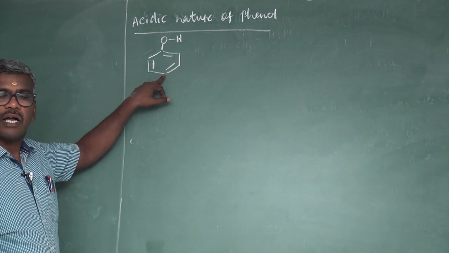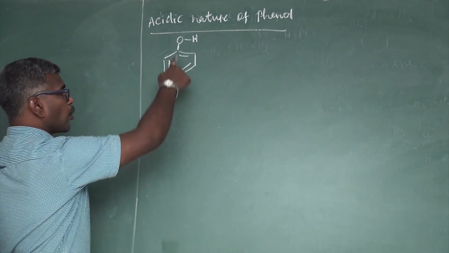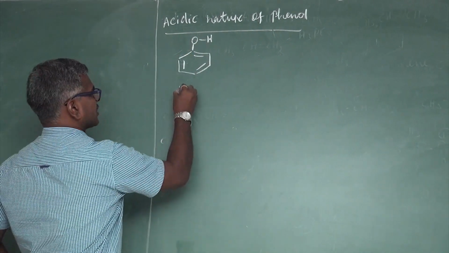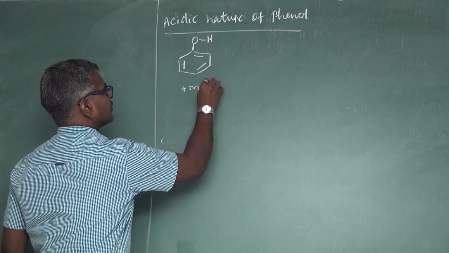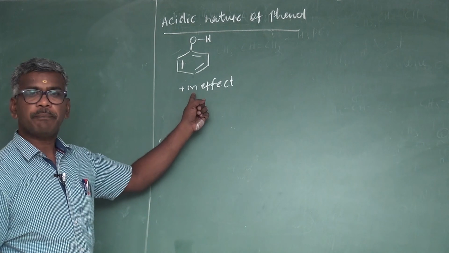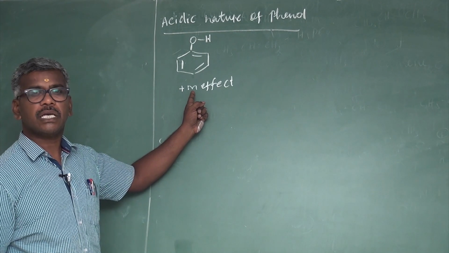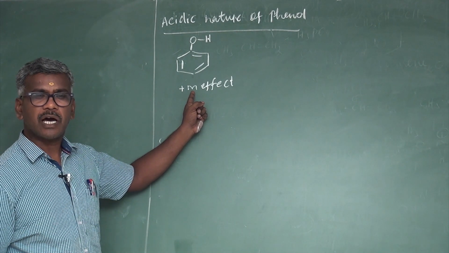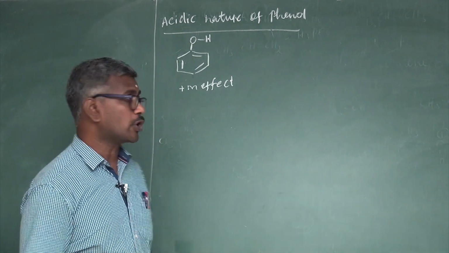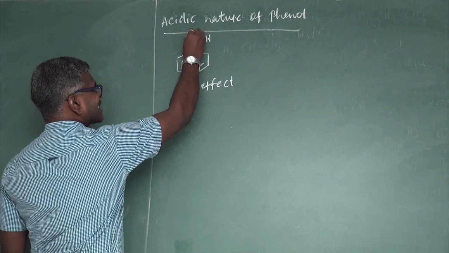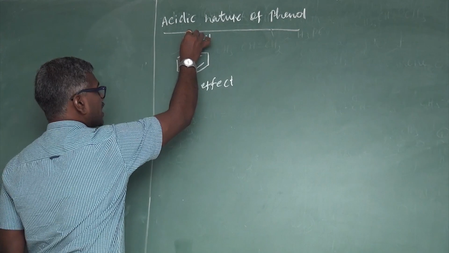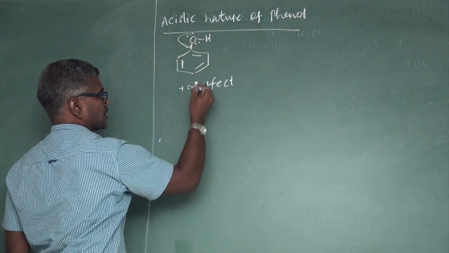The acidic nature of phenol depends on the polar nature of the OH group due to the plus M effect. What is the meaning of M? M means mesomeric effect. What is the meaning of mesomeric effect? Lone pair or pi electrons shift towards a single bond or double bond. Here, oxygen has 2 lone pairs. Among the 2 lone pairs, one is donated to the benzene nucleus.